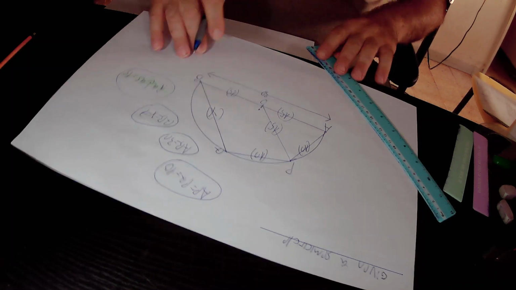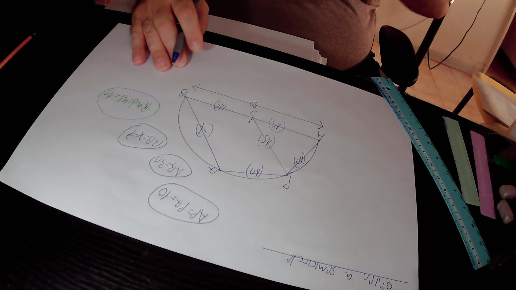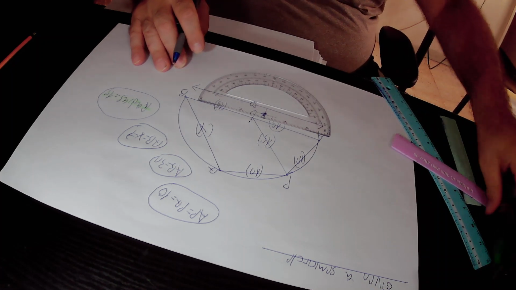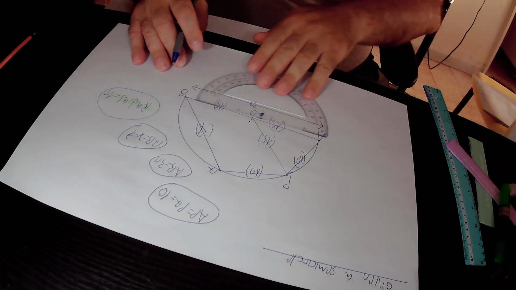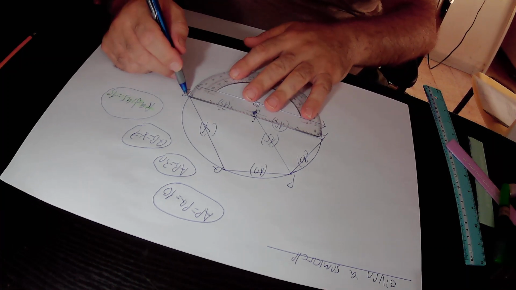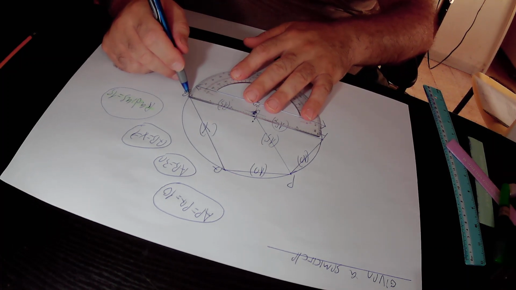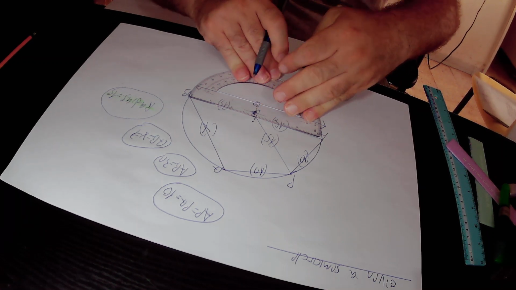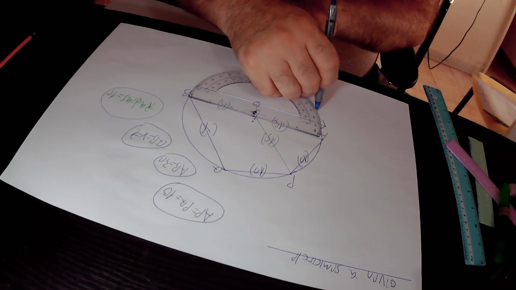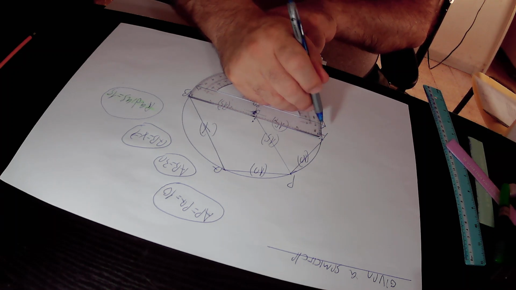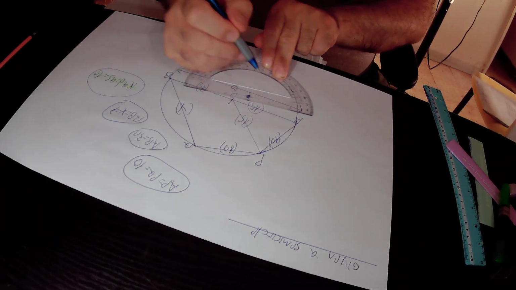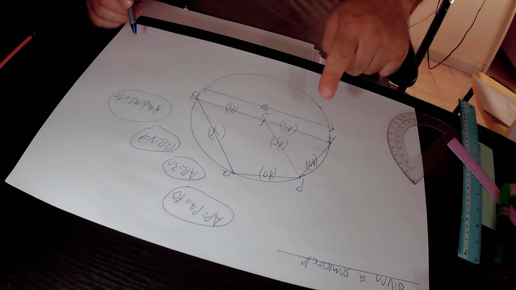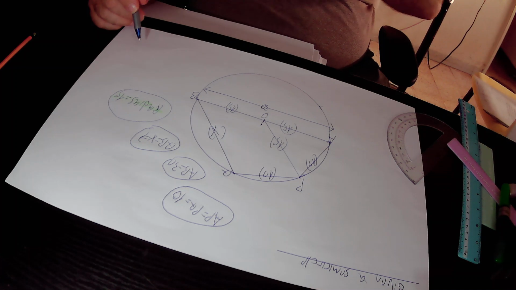In the next step, we'll complete this semicircle to a circle, and we will extend the radius PO until it touches the circle.